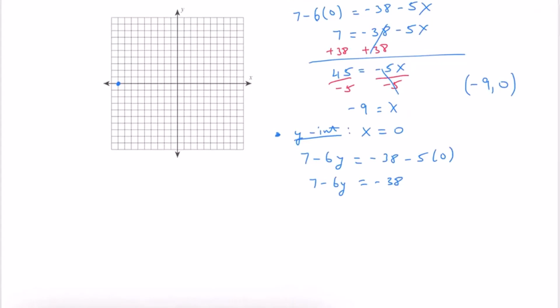Get y by itself, so minus 7 over. And we have negative 6y is equal to negative 45. Get rid of negative 6. Divide the negative 6 over.